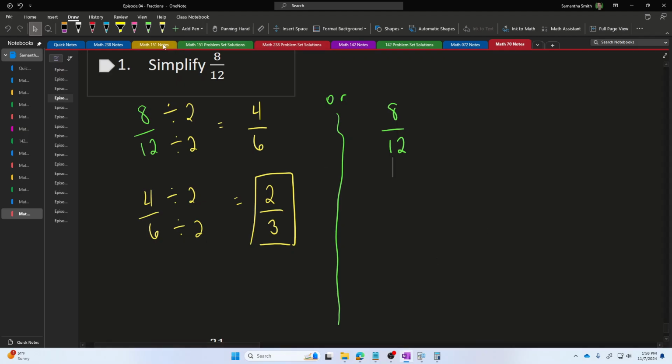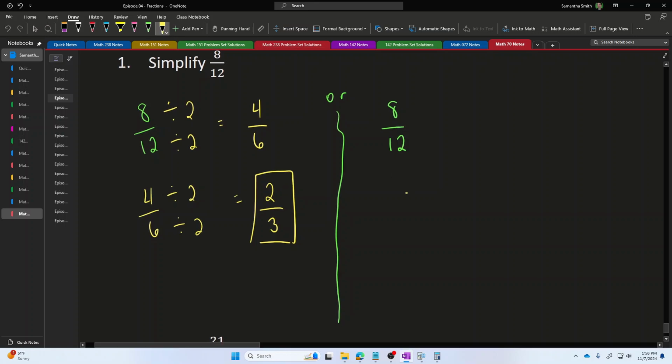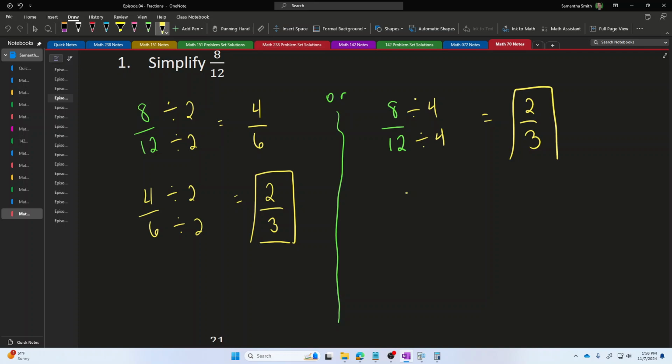So if you notice that, you can divide by 4 from the start. And 8 divided by 4 gives you 2, and 12 divided by 4 gives you 3. And that maneuver will get you 2/3 right away.